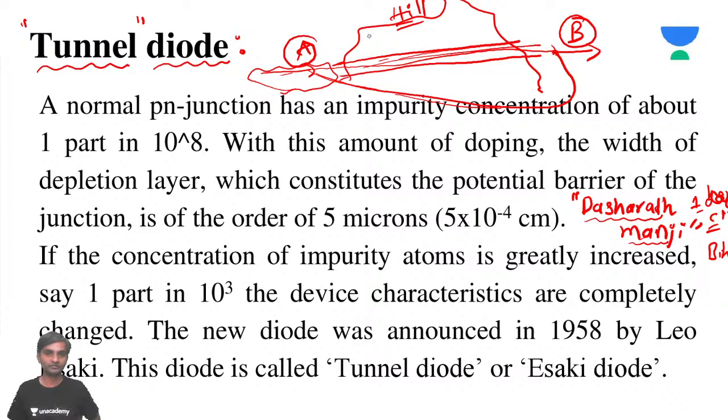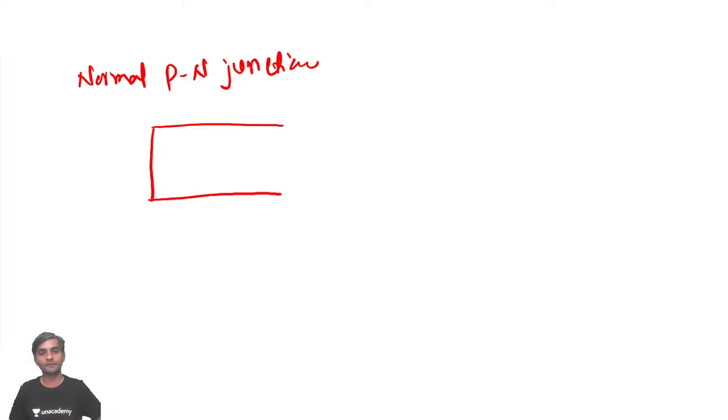Now what happened? In a normal PN junction, definitely we have a potential barrier, minus plus minus plus minus plus.